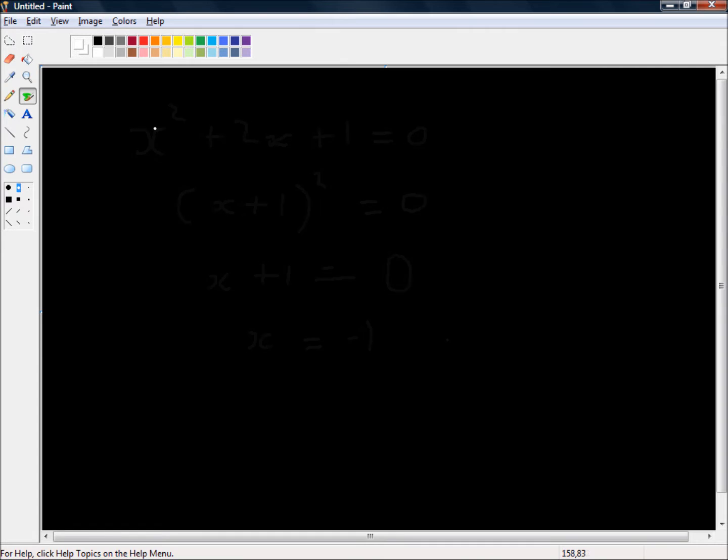Okay, let's try something a little bit more hairy. Let's try something like 2x squared minus 11x plus 12 is equal to 0. Okay, we can start off by getting it into the x squared term by dividing everything through by 2.